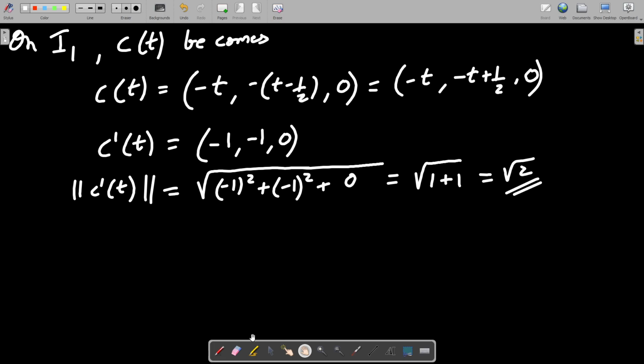Similarly, this integral from minus 1 to 0 of norm of c prime of t, sorry, I mean minus 1 to 0.